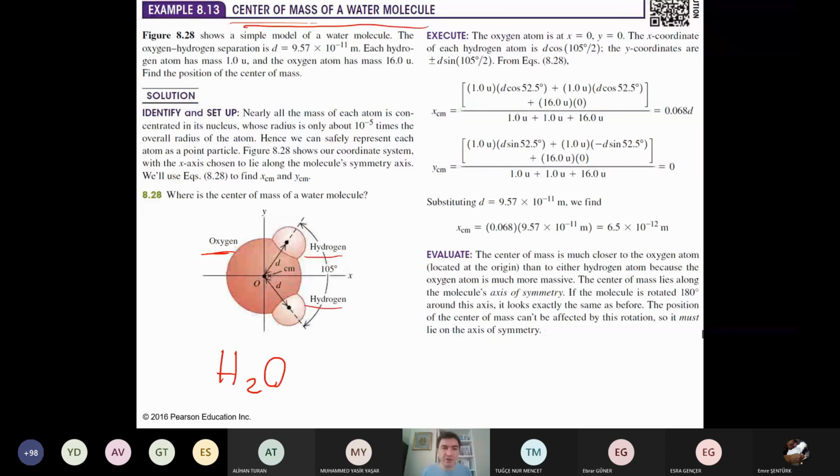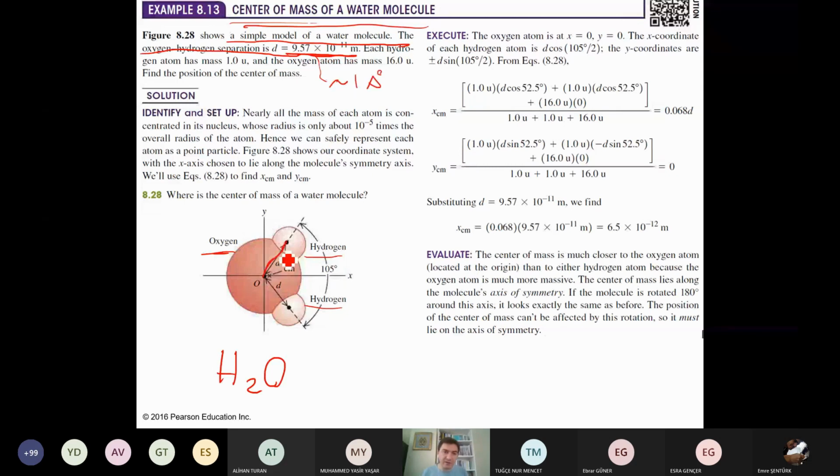Okay, so you know this from chemistry. The figure shows a simple model of a water molecule. The oxygen-hydrogen separation is d, 9.57 times 10 to the minus 11 meter. It is more or less around 1 angstrom.